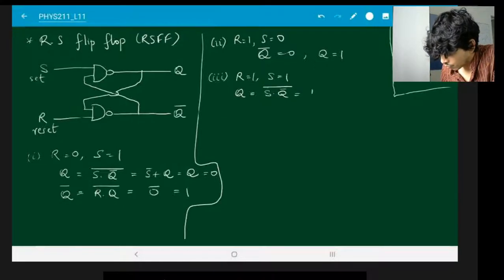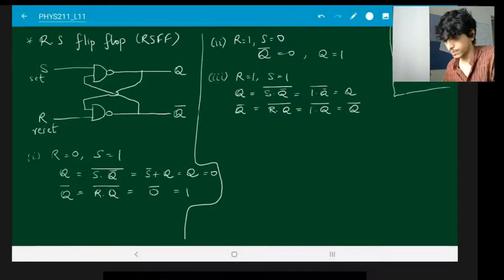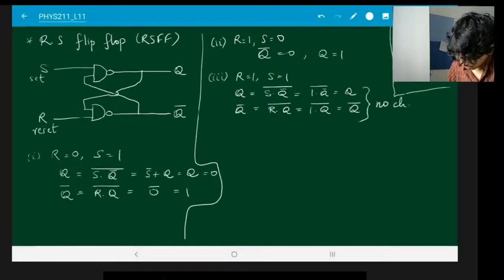So this is 1 and Q bar bar, which is Q, and Q bar, which is R and Q bar. So Q remains Q, Q bar remains Q bar. You can't tell whether it is 1 or 0. Basically, they just retain their previous state. So we say this is the no change state.